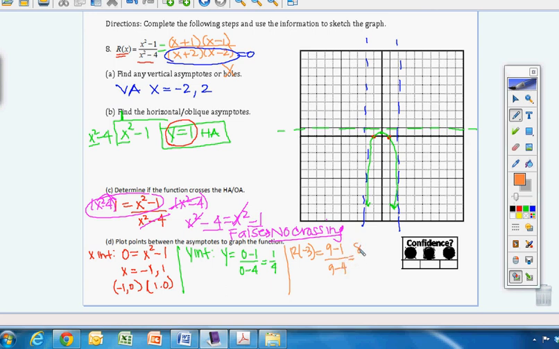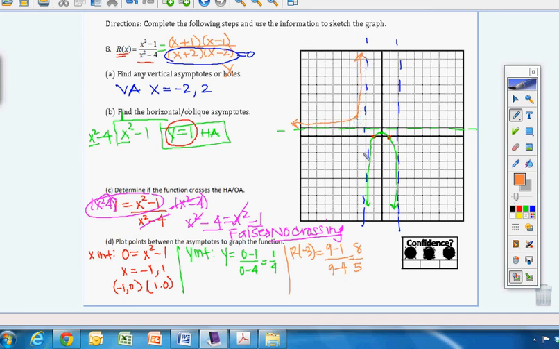So we're left with 8 over 5, which is a little bit over 2. So at -3, I'm going to go up to a little bit over 2. And that's going to also tell me I know I can't cross at all. So I always want to hug these asymptotes, get really close to it.